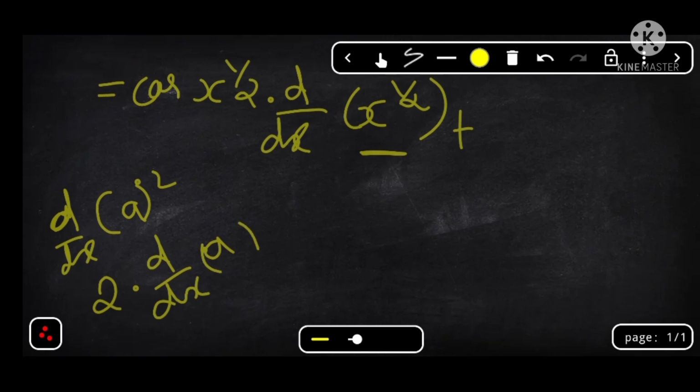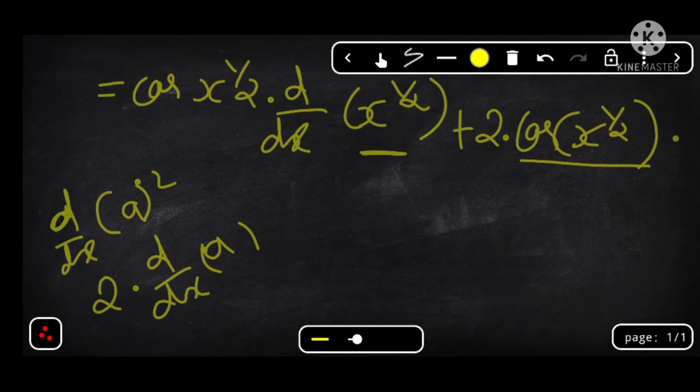Clear? So similarly, it will be 2 into cos of x raised to 1 by 2. Okay, now we have to differentiate cos x raised to 1 by 2, right?